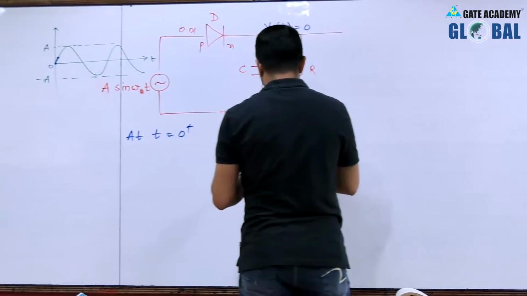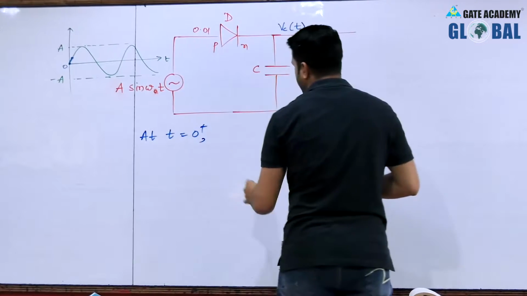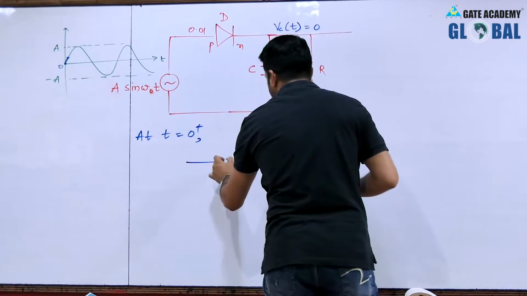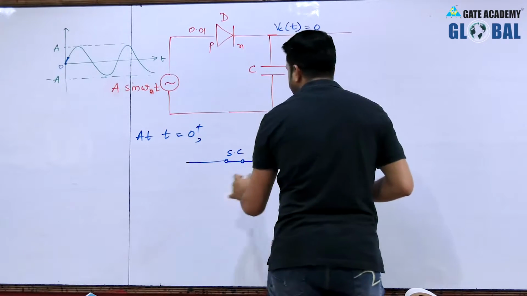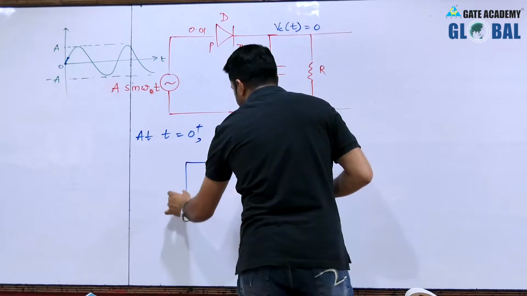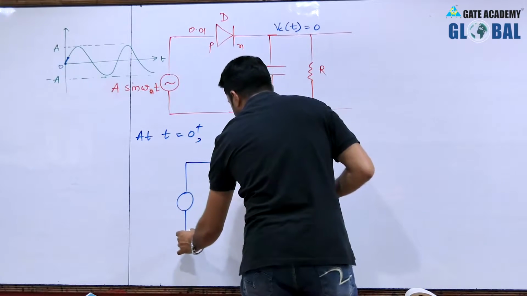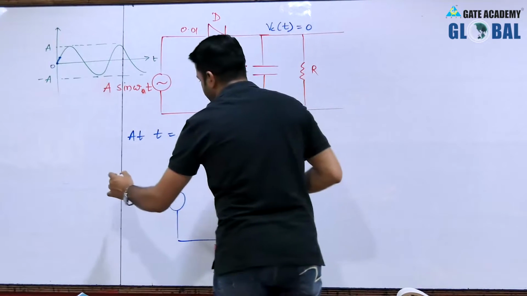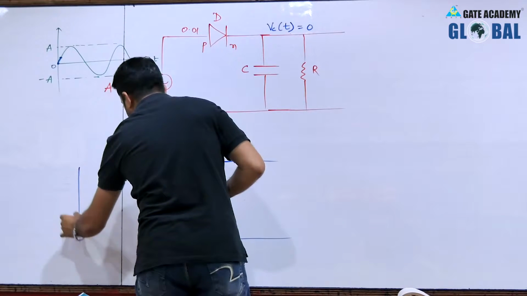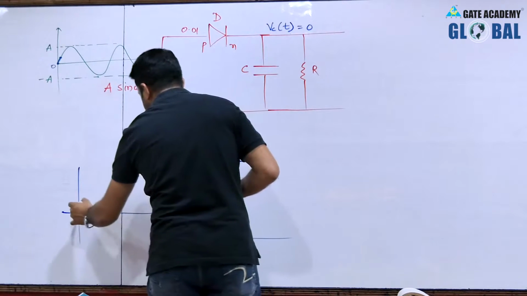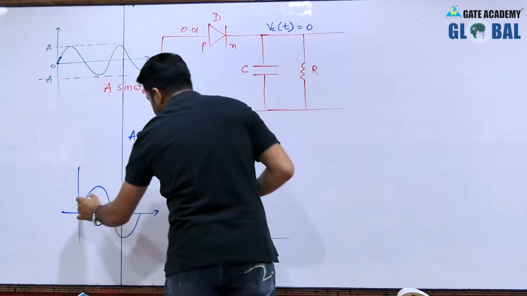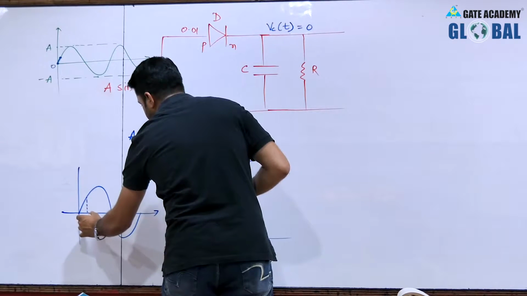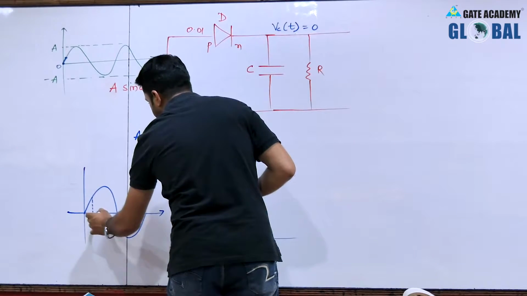So at time t equal to 0 plus, I am trying to draw this with the help of another figure. This is short circuited and this is time 0 plus.